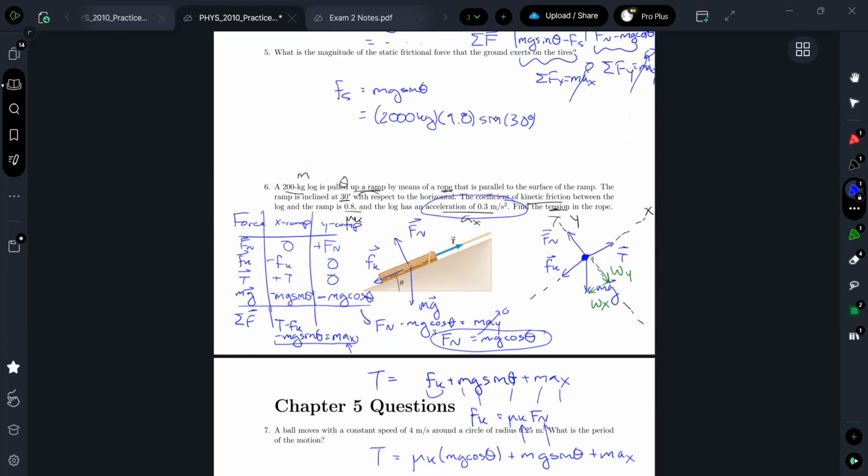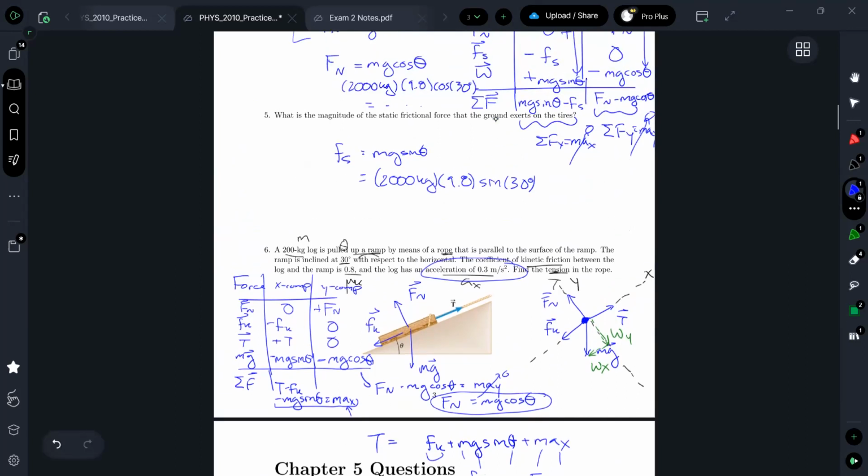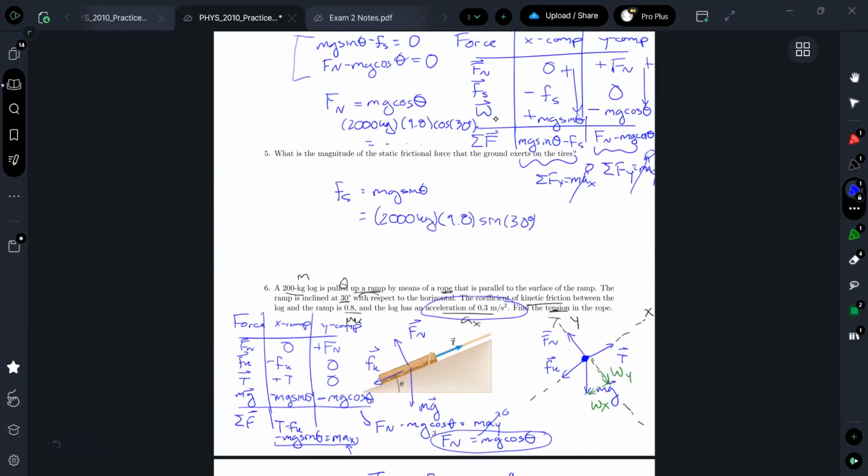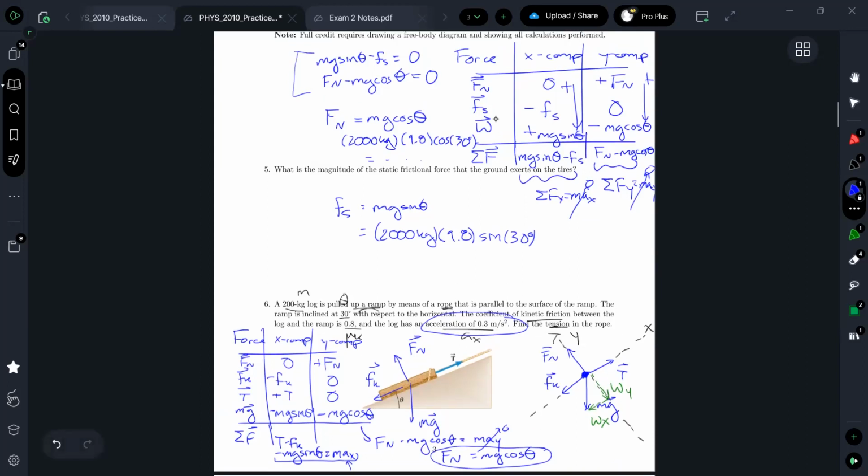That's just me trying to really set that and send that home. If you don't know the shortcuts, if you're not comfortable making the shortcuts, don't make them. I honestly don't do these problems like this in my head. I have to think about it. I would actually say T minus Fk minus mg sine theta equals max. I'm just seeing it from a picture.